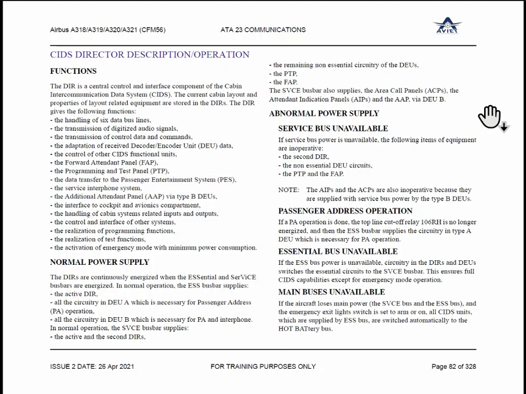Let me put in my words what you should understand. The two computers are there, right? And every computer is continuously getting the information on what the status is in the cabin. Both computers get the information at the same time, and they are calculating their status and their output also. So both are at the same level at any moment of time.